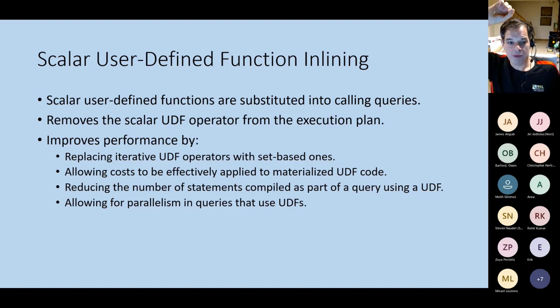It will also reduce the number of statements being compiled as part of the query, making things more efficient. And a big thing to gain here is that it allows for parallelism. Previously, you couldn't use parallelism in queries that had scalar UDFs, because how do you take a black box and put it somewhere? The answer is you really can't, so it avoided it. It doesn't need to avoid it anymore.